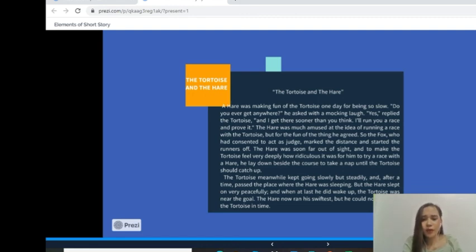The tortoise meanwhile kept going slowly but steadily, and after a time passed by, the place where the hare was sleeping, but the hare was slept on very peacefully, and when at last he did wake up, the tortoise was near the goal. The hare now ran his swiftest, but he couldn't not take over the tortoise in time.